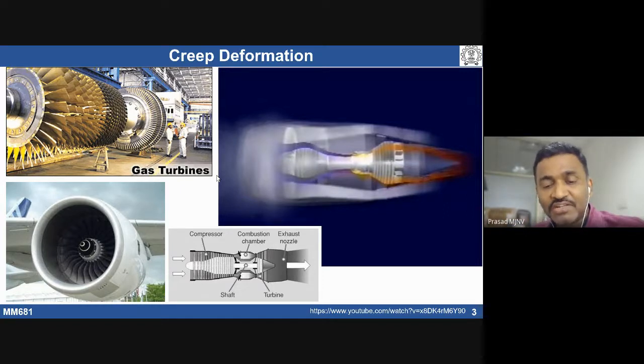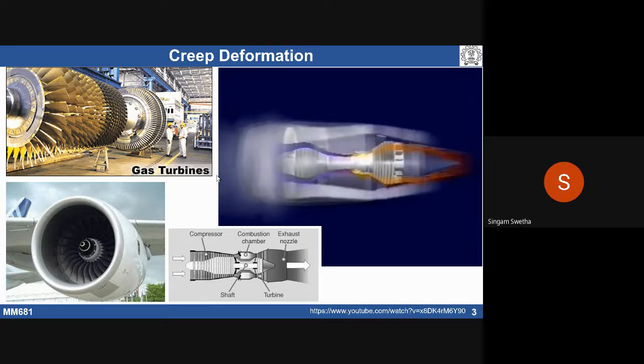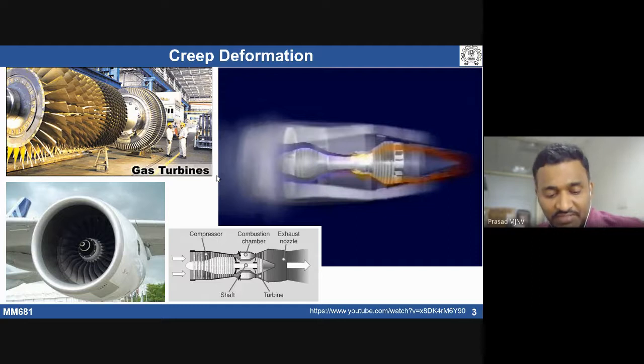Just see what the melting points of titanium and nickel are. Both of them are almost close by, around 1500 degrees Celsius, maximum 1500. Titanium is 1668 degrees centigrade, sir. Yeah, nickel is 1473 or 1476.